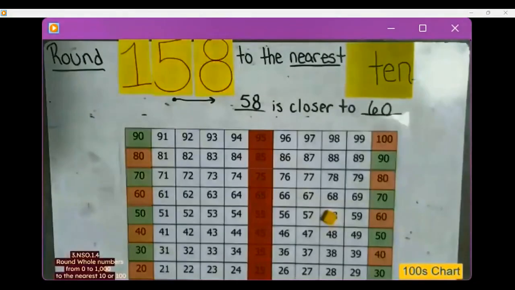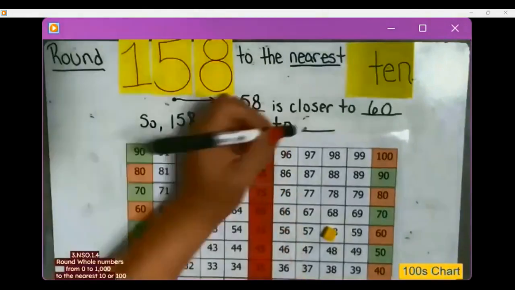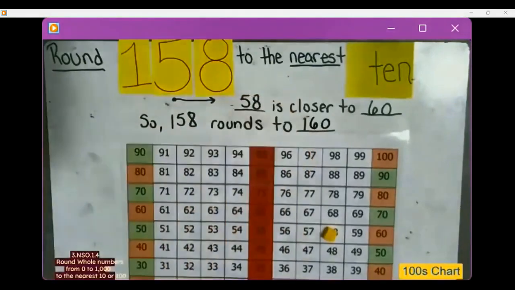Students can also start having discussions about why it's closer to one of the endpoints versus the other, talking about how many units away it is.